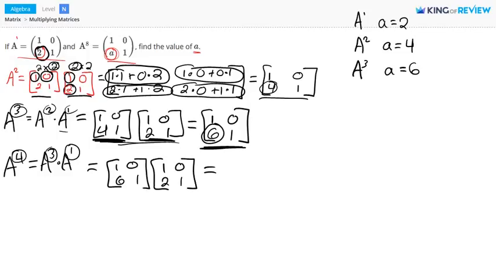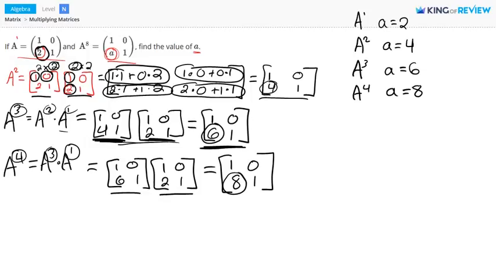And again, we multiply the corresponding entries in the first row of the first matrix times the entries in the first column of the second matrix and add those two products together. So when we do this, we get the matrix 1, 0, 8, 1. The lower left-hand entry is 8. So for A to the fourth, the a value in this case is 8.